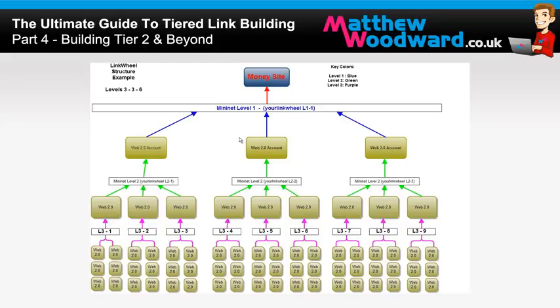So as you can see there, levels 3, and then this next levels 3 is here, here, and here. And then for each of the 3 tier 2 Web 2 properties, it will build 6 Web 2 properties to each of those. So I want you to understand and pay attention to that number because it's an option that we're going to be changing in the software we're going to use to do all this. So let me show you how to do it and get stuck straight in.